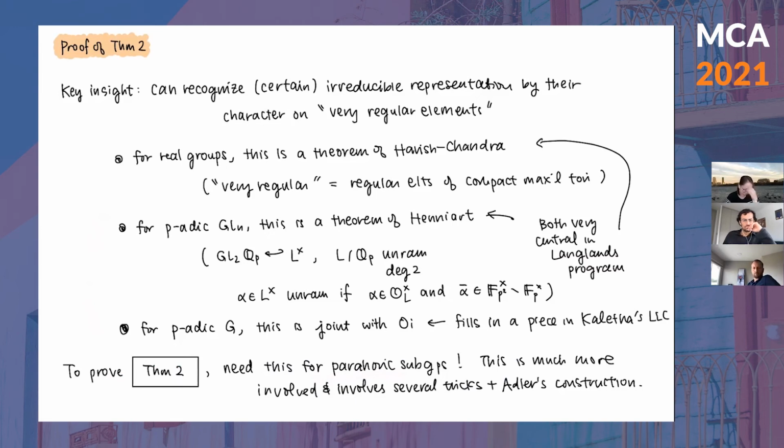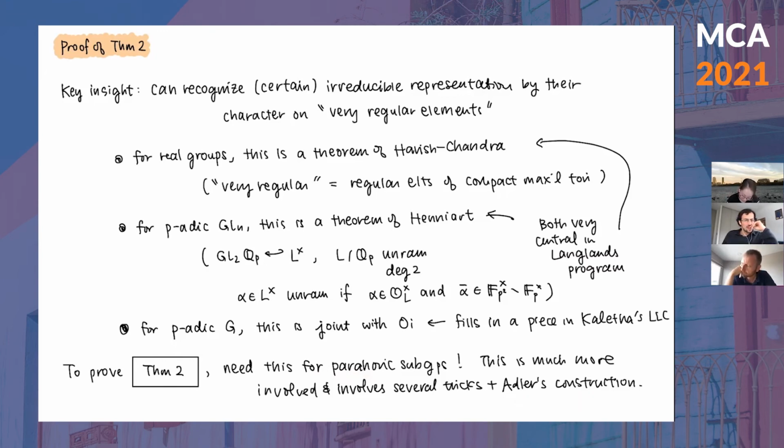There are various results that tell us that the representation theory here is much harder. So accordingly, it's much harder to prove this characterization theorem for parahoric subgroups, and it involves several tricks that we basically luck out on, like threading the needle in some sense, plus a good analysis of what Adler's construction is, so the algebraic side.